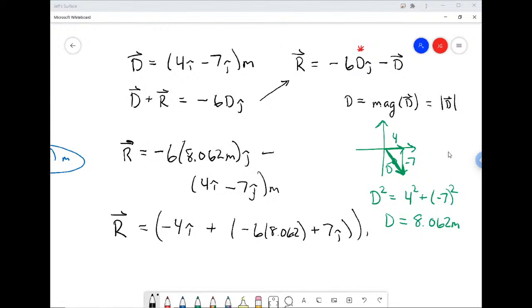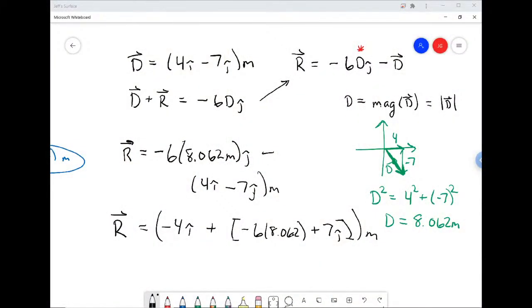And we'll tack our units on here. Algebraically the i hat and the j hat are like variables, so you can group like terms. That's what I'm doing here.